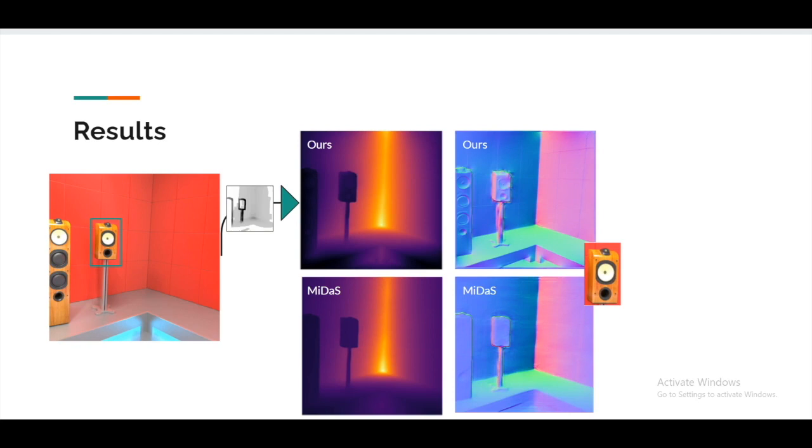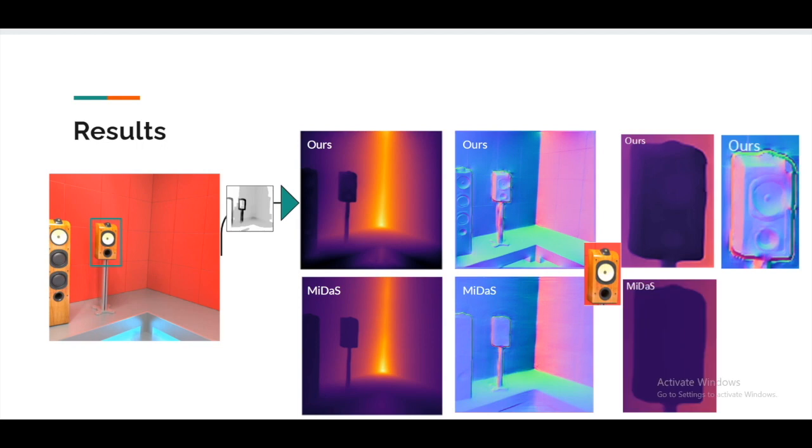If we zoom in on the speaker parts and compare our depth results with MiDaS, we can see that our method is able to preserve the depth information from different parts of the speaker.